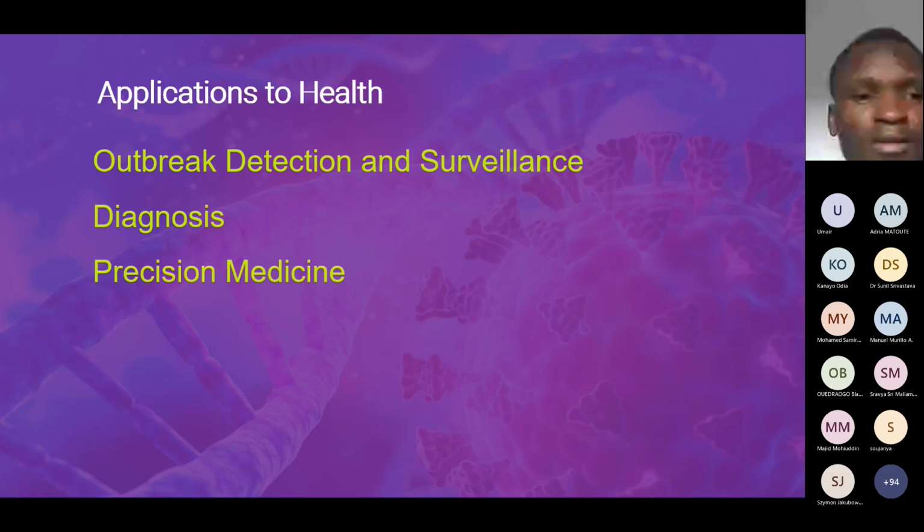Then we have precision medicine. Metagenomics can also be used to explore precision medicine. Why? Because by the time you begin to explore the metagenomic sample of a particular human, maybe the gut microbiome, you could discover the interaction of microorganisms in the human gut. Because human beings also have good bacteria in them. Now, an imbalance of this bacteria could lead to a serious issue in the body.